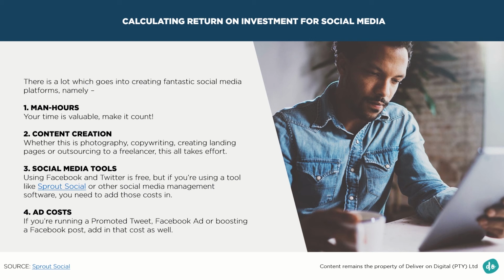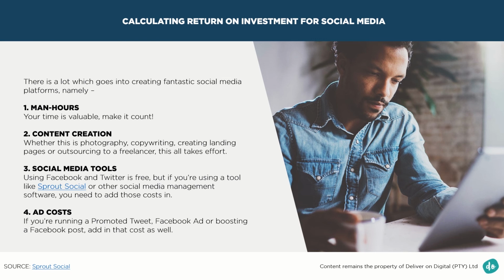So what are some of the examples of what goes into a social media strategy in terms of resources? So the first and most obvious one is man hours. So we know that time is obviously incredibly valuable, so we want to make it count. Content creation could refer to a photographer, a copywriter, someone creating a landing page for you, or outsourcing something to a freelancer, because all of this takes a great deal of effort.